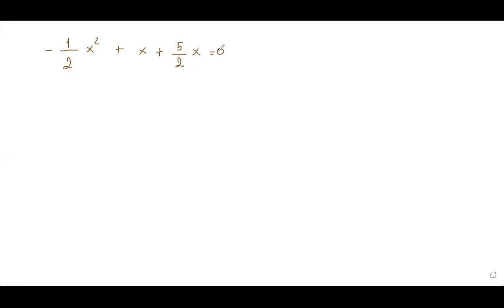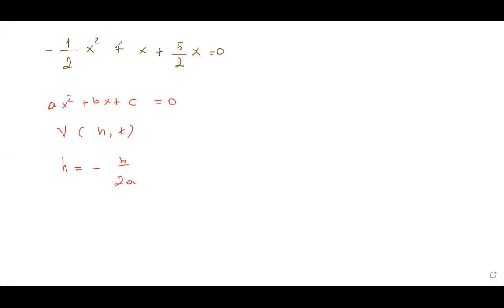Okay, the question is: state two consecutive integers where the roots of this function exist. As I explained, we should find the vertex. To find the vertex, whenever you have ax squared plus bx plus c equal to 0, the vertex is h comma k, where h equals negative b over 2a.